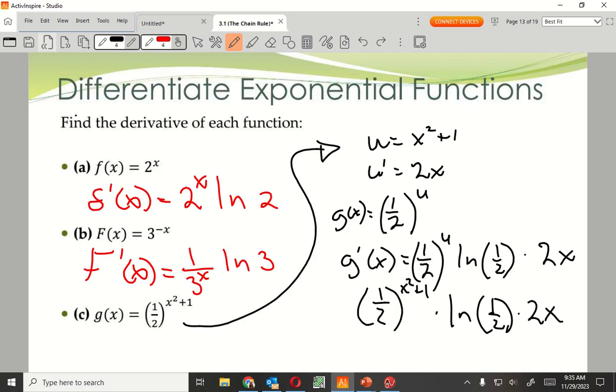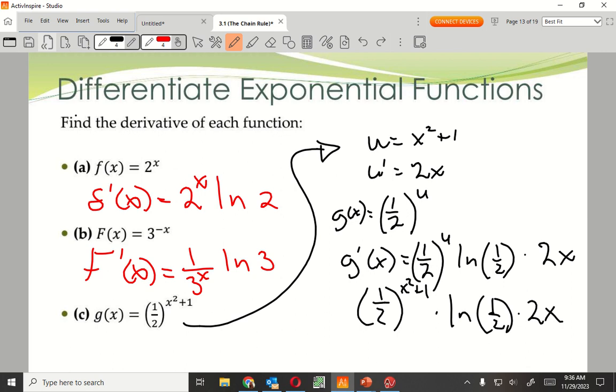So what else did I have there? I could replace that with minus ln 2.